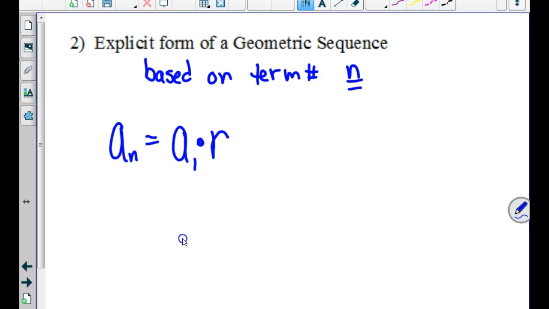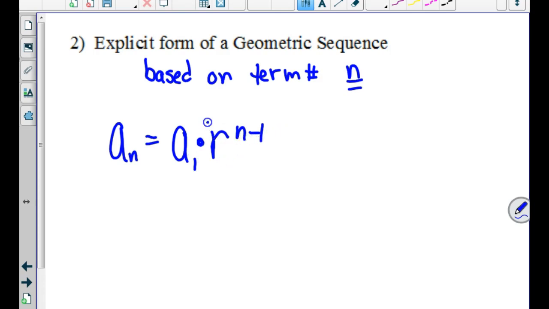You cube it. So where are we going to put n minus 1? Okay, that formula is on your sheet. Don't have to memorize it, but it should kind of make sense that you take the first term and you multiply it by the r, or the ratio, n minus 1 times.